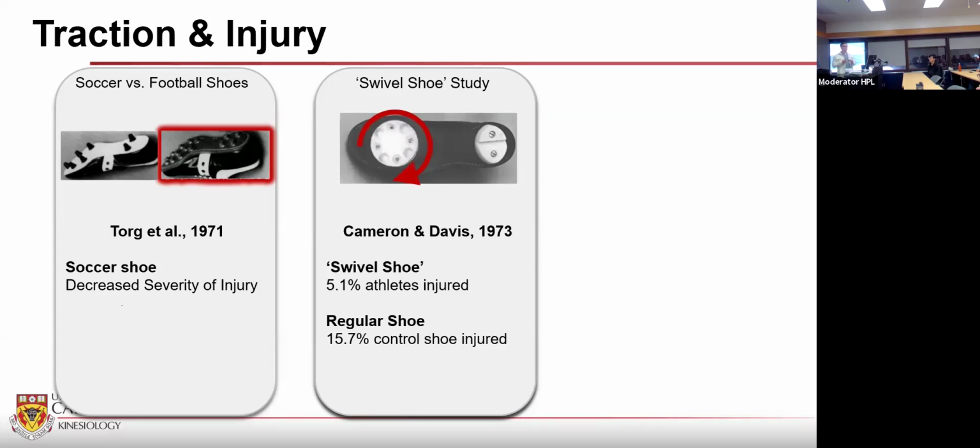And the goal again was to reduce the rotational traction. And again, another observational study, they found that when athletes wore this swivel shoe compared to the conventional shoe that was available at the time, that there was a lower percentage of athletes that were injured in the shoe, again attributing this reduction to a decrease in the rotational traction.